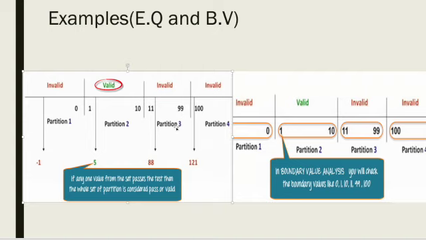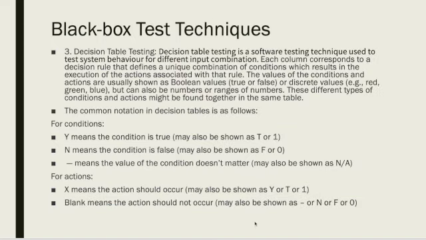Invalid. All right, so if any one value from the set passes the test, then the whole partition is considered pass or valid. So if any of the test cases you perform within this partition passes, then it is considered valid, and all of these others are considered invalid, that is, they fail. All right, so let's continue.